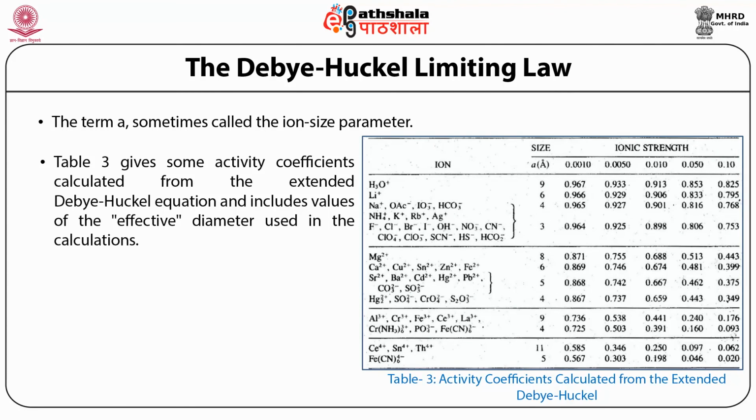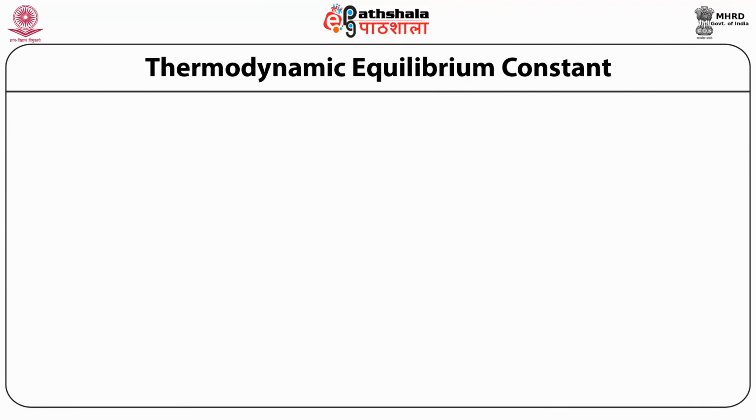Here the table gives some activity coefficients calculated from the extended Debye-Huckel equation and includes values of the effective diameter used in the calculations. Now we discuss the thermodynamic equilibrium constant.